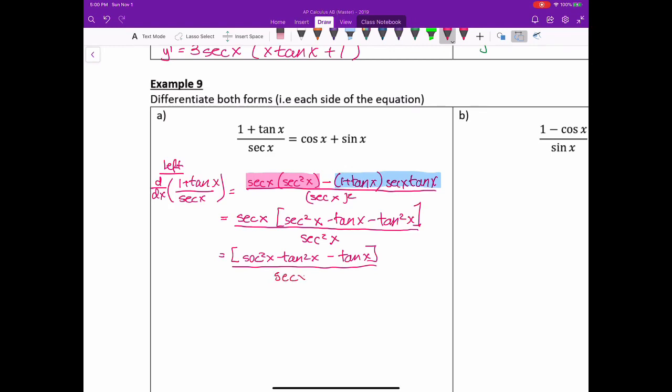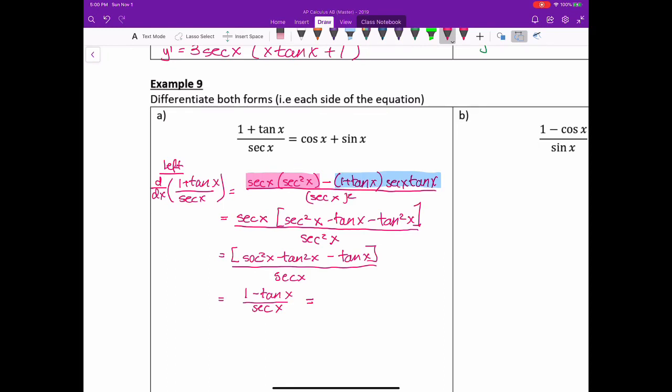secant of x. Now, the secant squared x minus tangent squared x, that's one of the Pythagorean identities, is going to give me a 1 minus tangent of x over secant of x, which is then 1 over secant of x. That's the reciprocal function here.